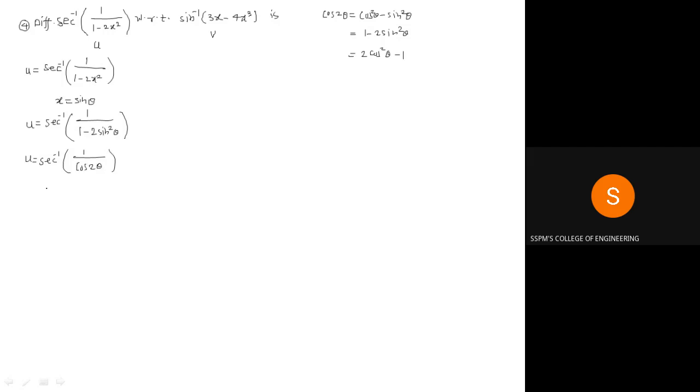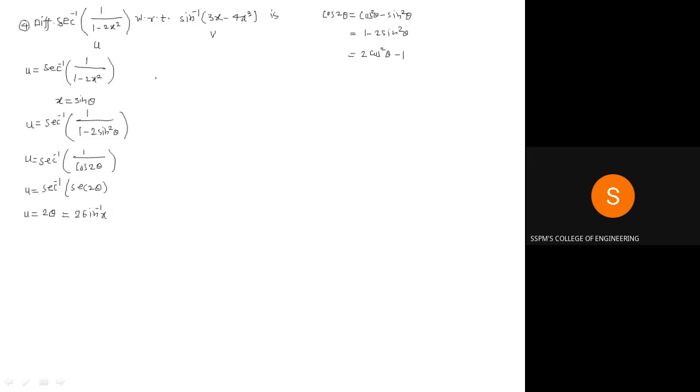And 1 by cos means what? Sec. So u is what? Sec inverse of 1 by cos is sec 2 theta. तो पहले आप लोगों को यहाँ पे सिंप्लीफाई करना है. सेक इनवर्स सेक क्या होता है? कैंसिल होता है. दे रिमेन 2 थीटा ओनली. व्हाट इज दैट थीटा? थीटा इज साइन इनवर्स ऑफ एक्स. थीटा की वैल्यू क्या होती है? साइन इनवर्स ऑफ एक्स होता है. सो 2 into साइन इनवर्स ऑफ एक्स.